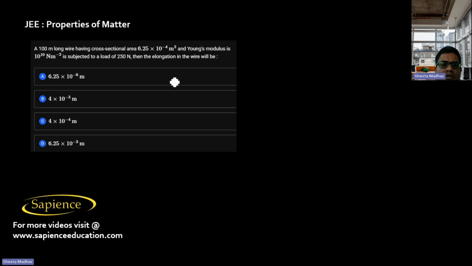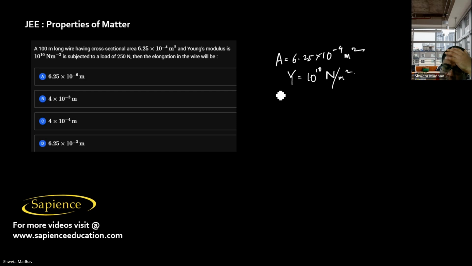And here it is told a 100-meter long wire having cross-sectional area A, which is 6.25 into 10 to the power minus 4 meter square, and the Young's modulus is 10 to the power 10 Newton per meter square, is subjected to a load of 250 Newton.